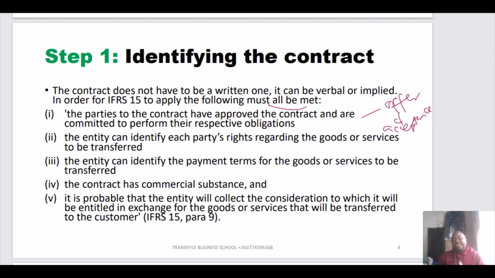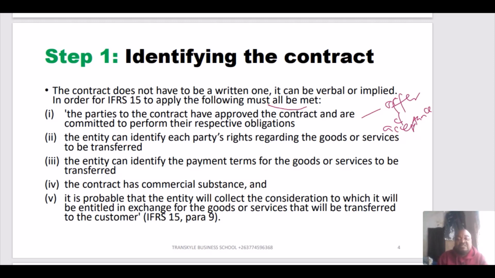The entity can identify the payment terms for the goods or services to be transferred. The payment terms have also to be agreed. Are you going to pay within 30 days? Are you going to pay within a day? Or are there some discounts and so forth? What are the terms of payment? And so forth.